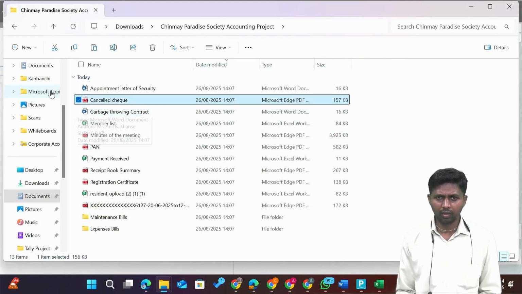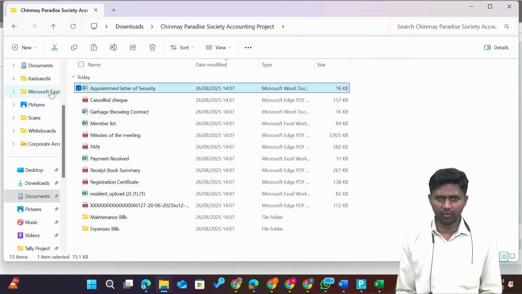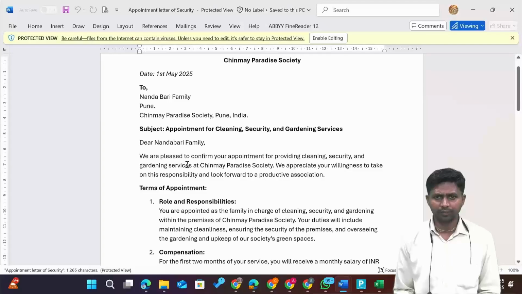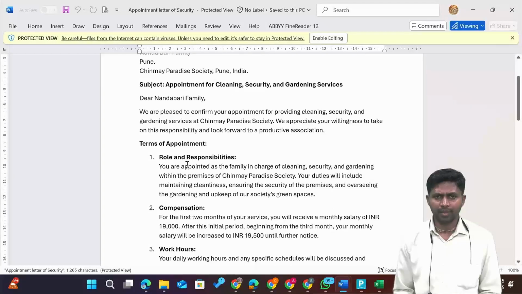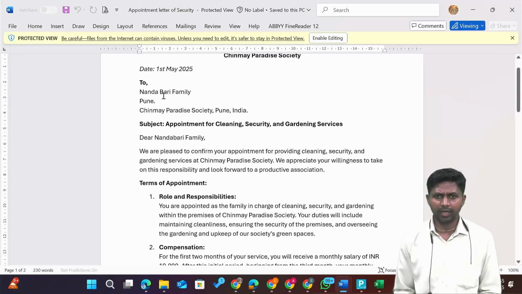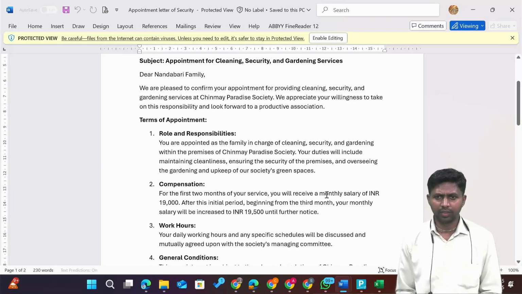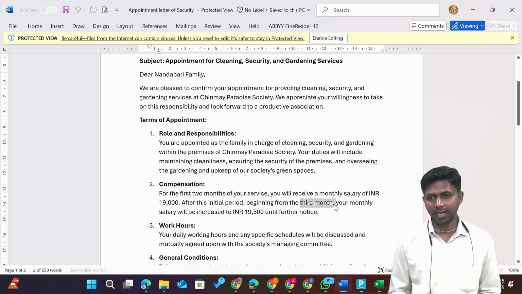read the contracts. Now, first, the contract for appointment of security. Related to the appointment of security, what are they saying? You have appointed Nandabari and family, and as far as our interest is concerned, we are interested in the salary part. 19,000 per month for the first 2 months, and then from the third month, he will get 19,500.